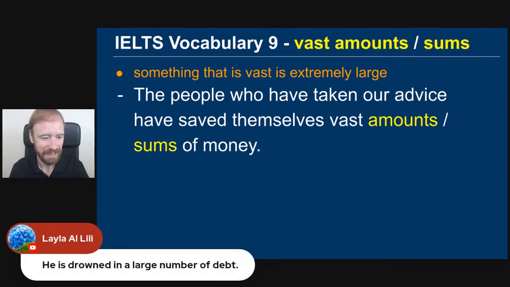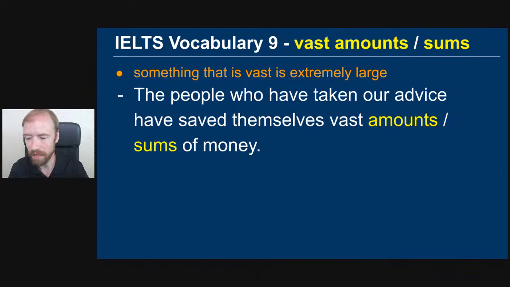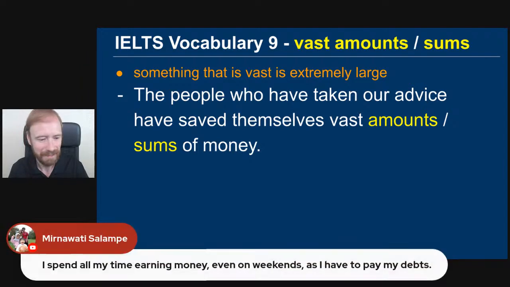Yes. He is drowned in a large amount of debt. Yeah, we use drowned. That's more of an idiomatic expression. You drown in debt. I spend all my time earning money, even on weekends, as I have to pay my debts. Oh, is this true, Mernawati?